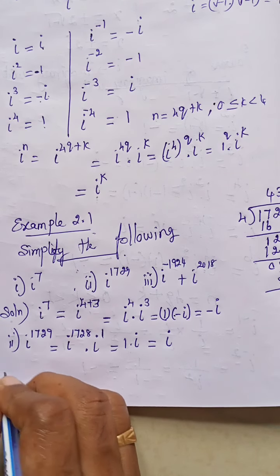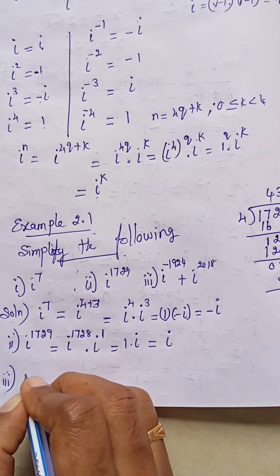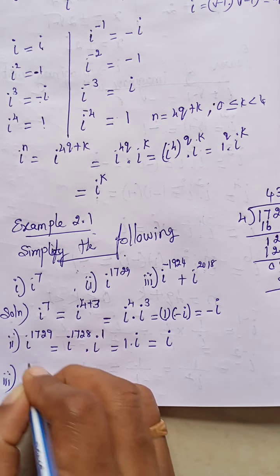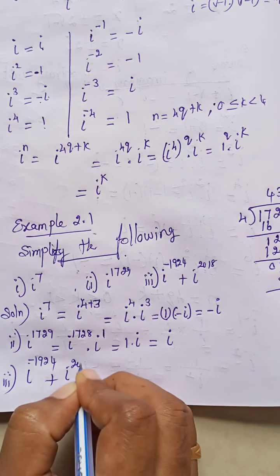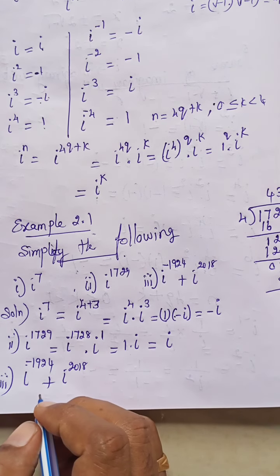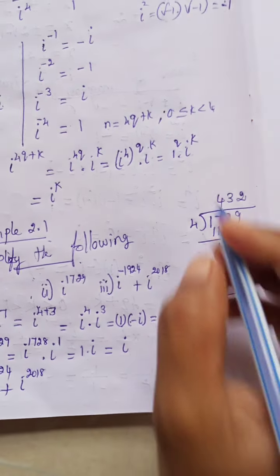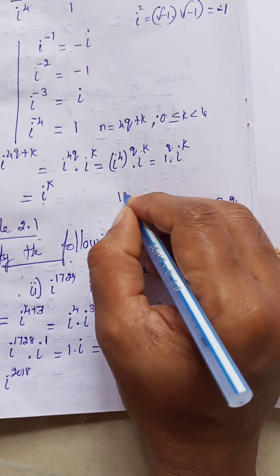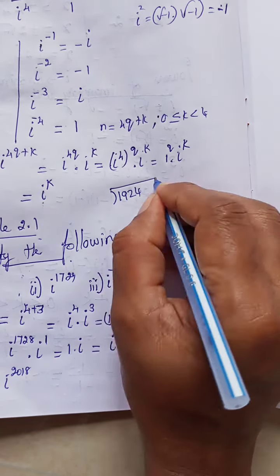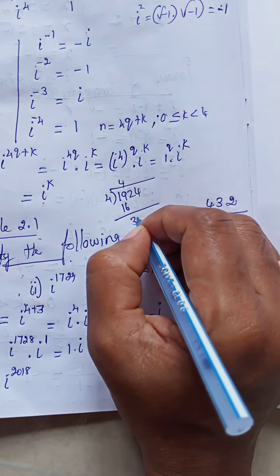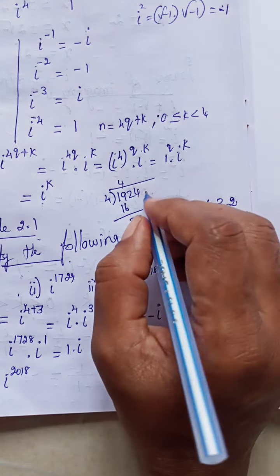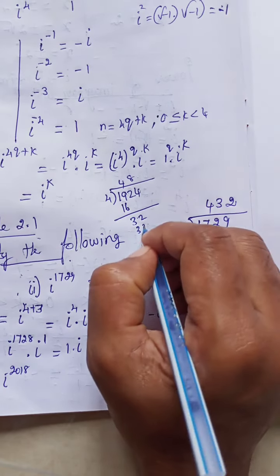Then subdivision 3. i^(-1924) + i^2018. Shall we divide and find out the remainder? See, 1924. 4 fours are 16. 3. Next number is 32. 8 fours are 32.